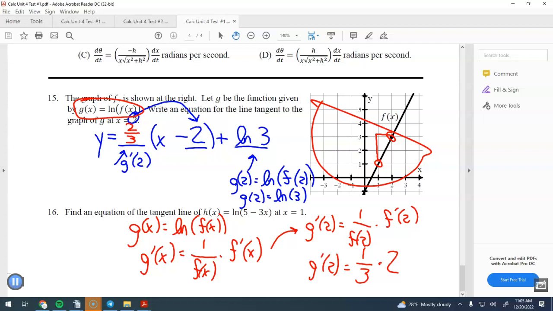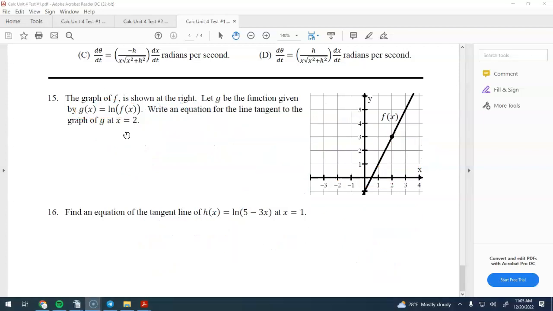She likes it a lot more. What else? Yeah. 13 on the test 2.